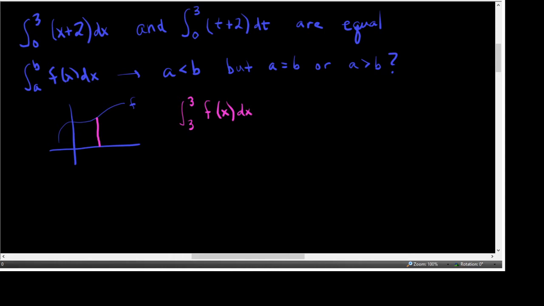Well, the width from 3 to 3 is 0. So we'd have a width of 0 times the height of f of 3. And of course, 0 times that function output is 0. So anytime a and b are the same thing, no matter what the function is, the integral from a to a of f of x dx is always 0.